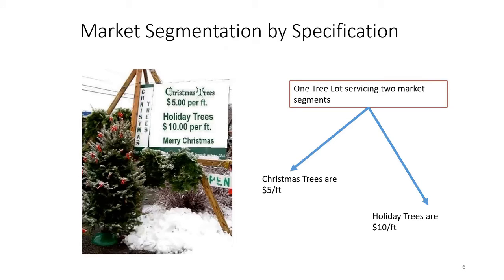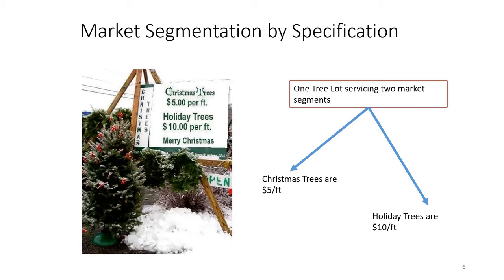Here's another somewhat humorous example of market segmentation by specification. Some people absolutely demand Christmas trees during the Christmas season, and other people absolutely demand that they get holiday trees during the Christmas season.